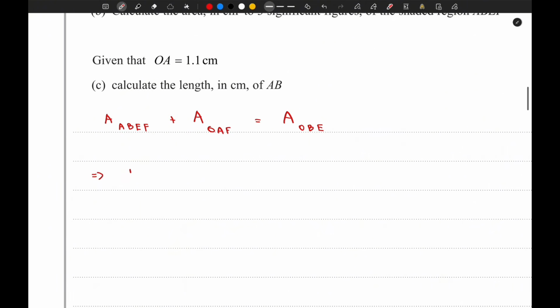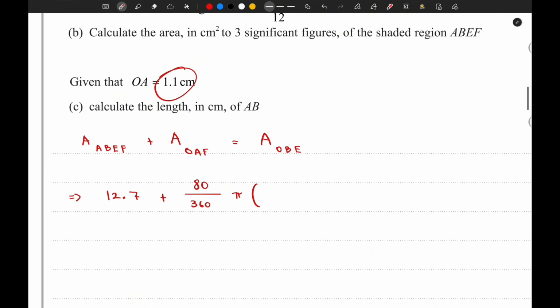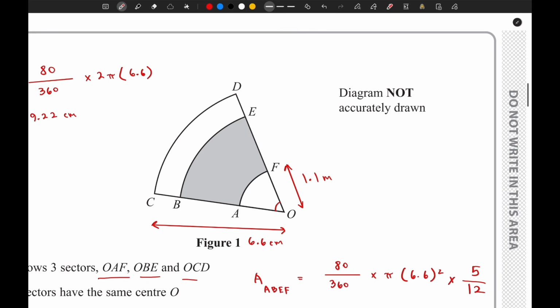We know the area of ABEF, which is 12.7. We can find out the area of OAF. We know the sector angle is 80 degrees, so 80 over 360 times pi r squared. The radius is given to us as 1.1 centimeters, so it's 1.1 squared.